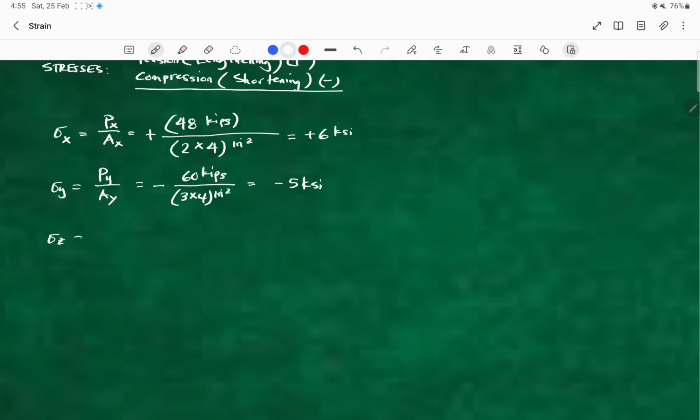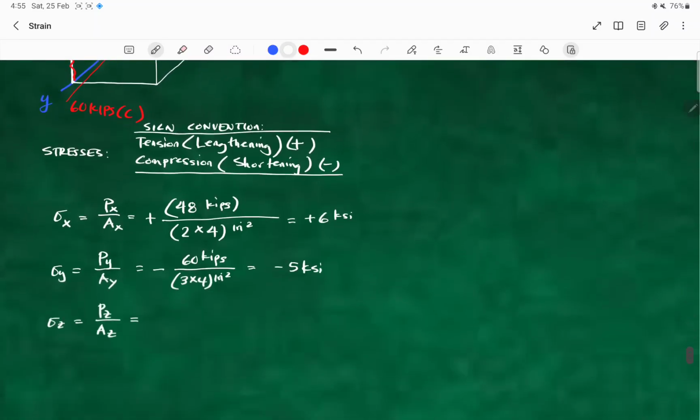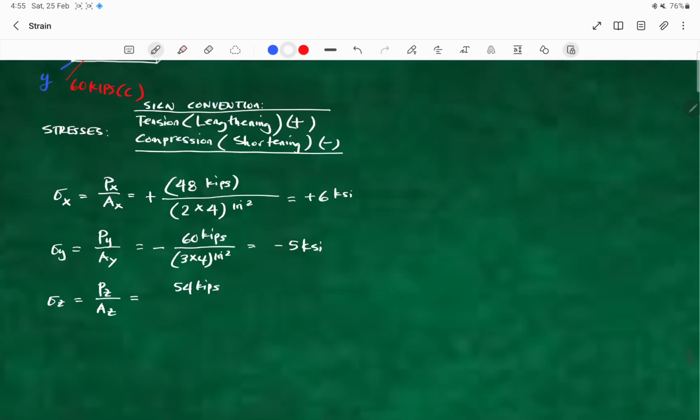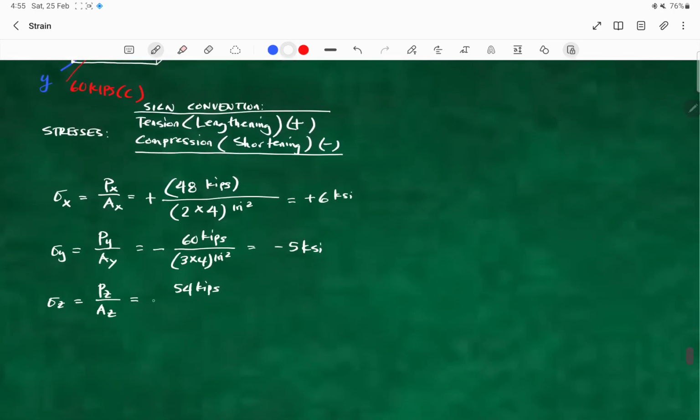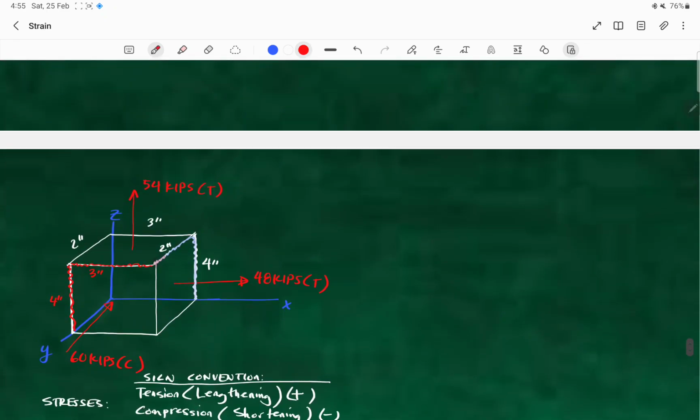And for Z naman, so we have force along Z all over area along Z. So yung force along Z, we have 54 kips. So yung nature niya is in tension. So we take it as positive. And then yung cross-sectional area nito is ito yun, no? So we have this 2 inch and 3 inch.